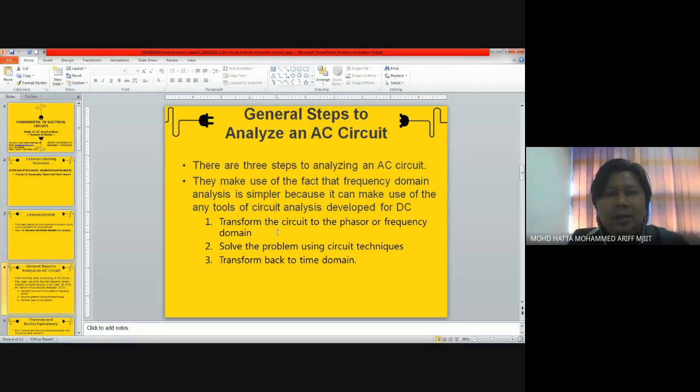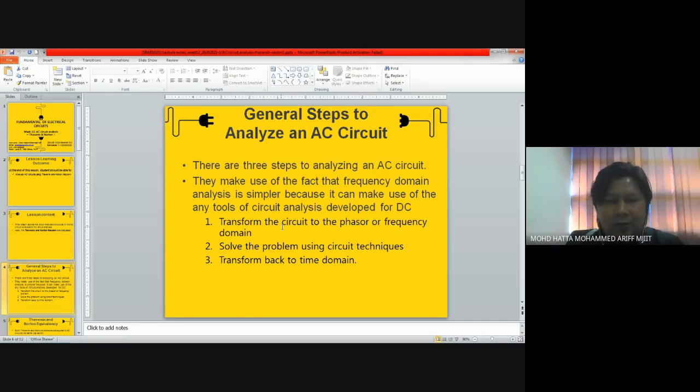For instance, an inductor, you need to convert it into its XL value or its reactance value. And a capacitor is transformed into its XC value. And from there, you try to solve the circuit according to the given question.